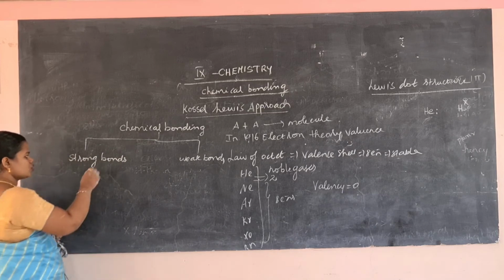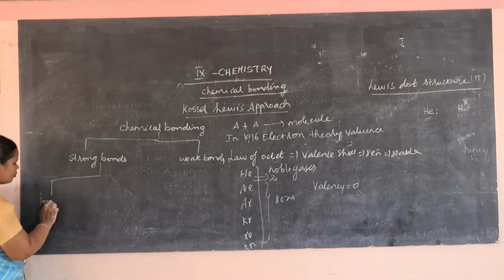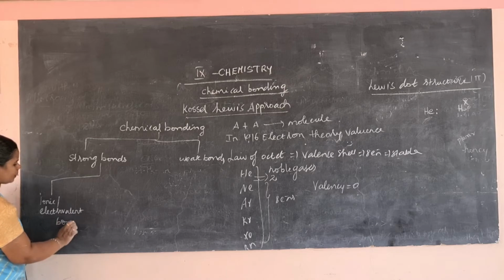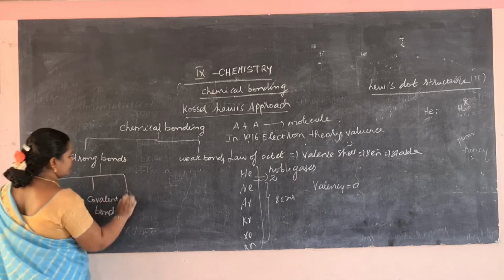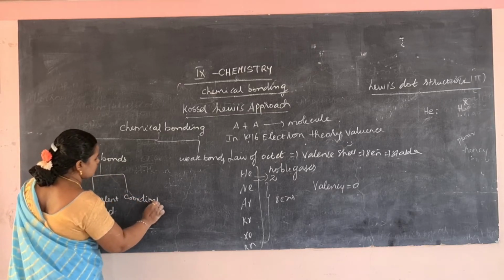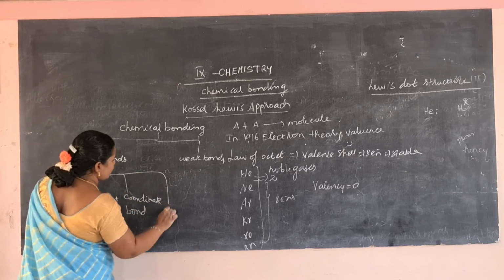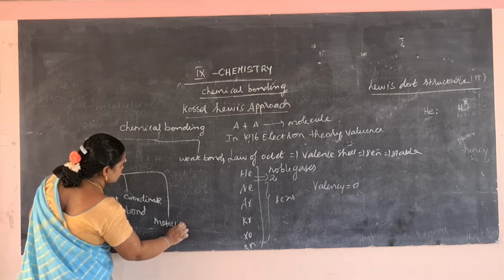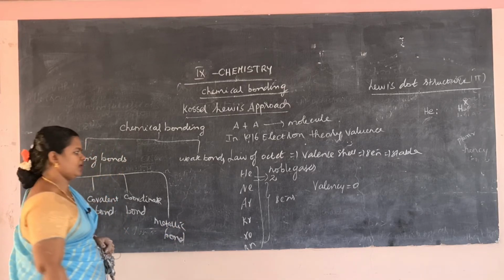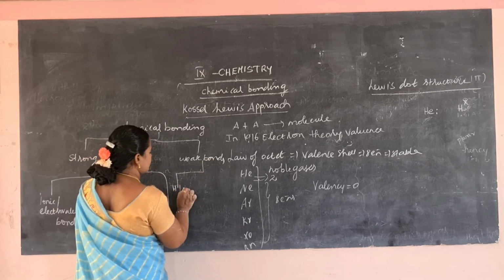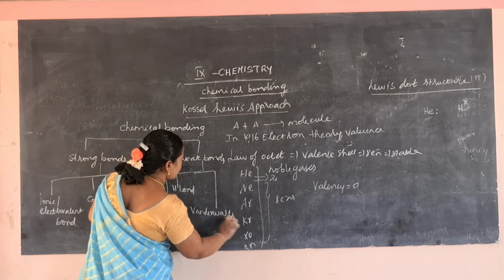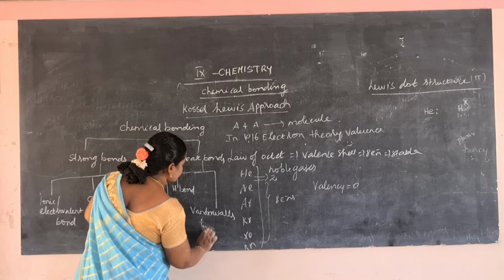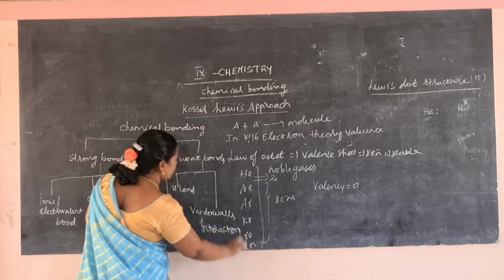They are tightly bound. Strong bond examples are the ionic or electrovalent bond, the covalent bond, the coordinate bond, and the metallic bond. Weak bond examples are the hydrogen bond and van der Waals interaction.